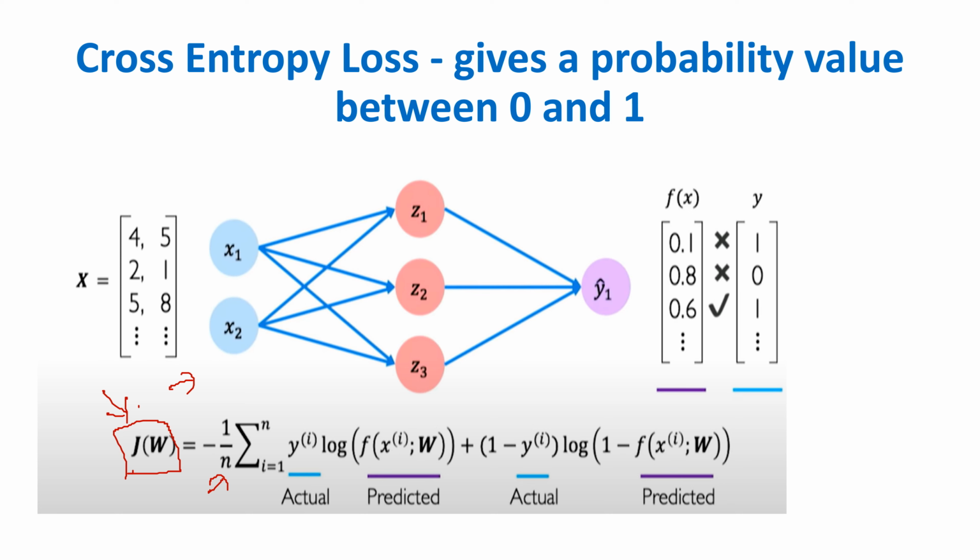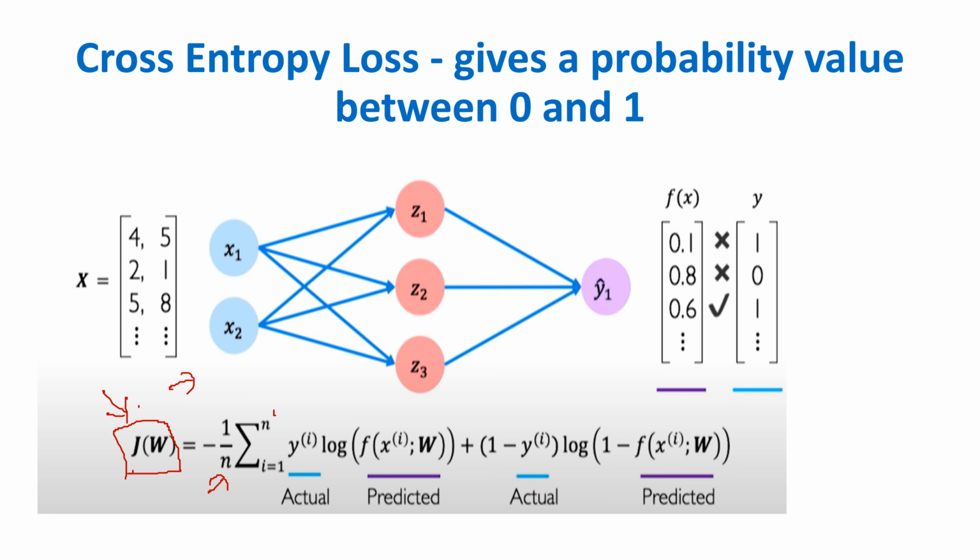Though this equation looks very clumsy, when you look closer, what we are actually doing is taking the average. N is the number of inputs, and we are iterating from 1 to n, that is, doing it for all the inputs.